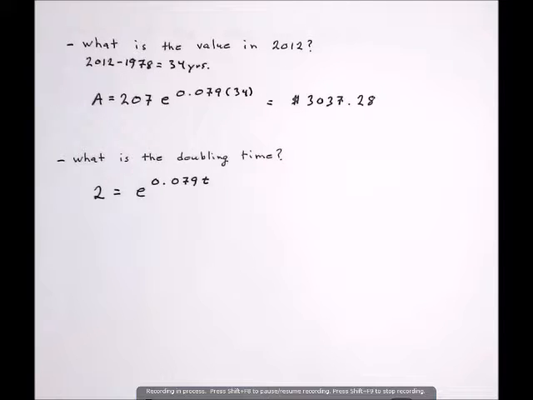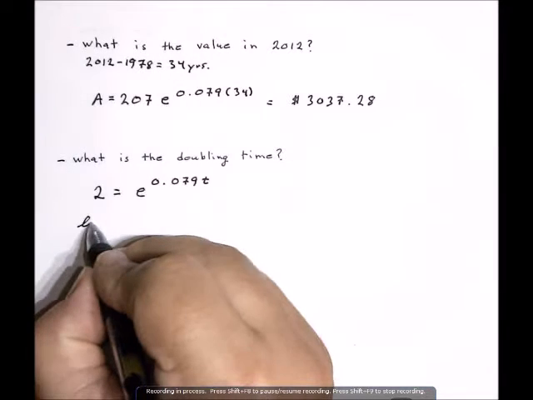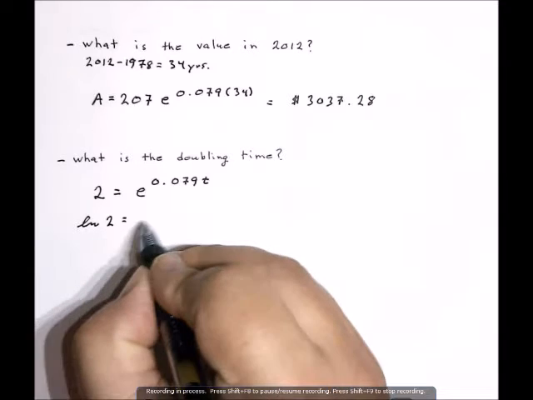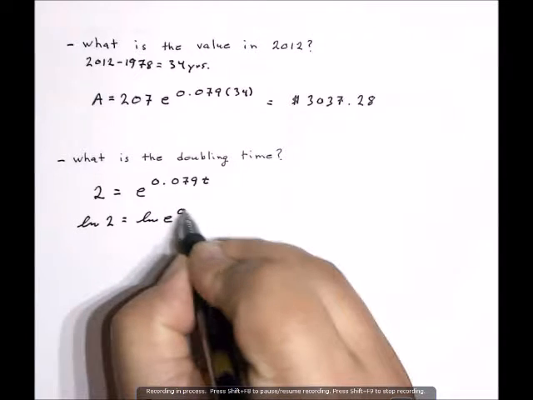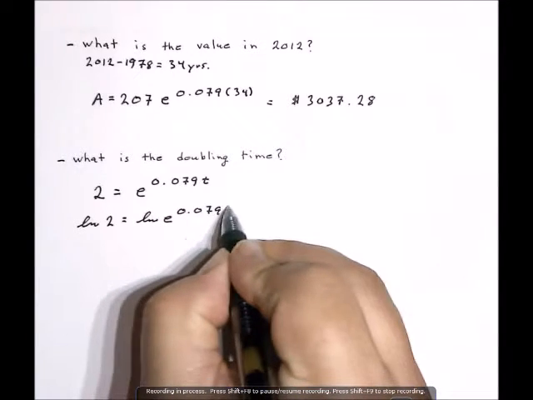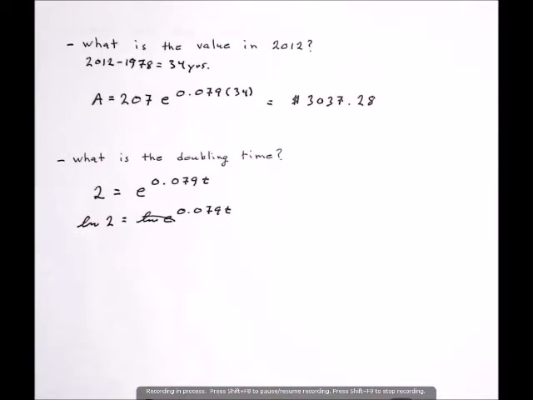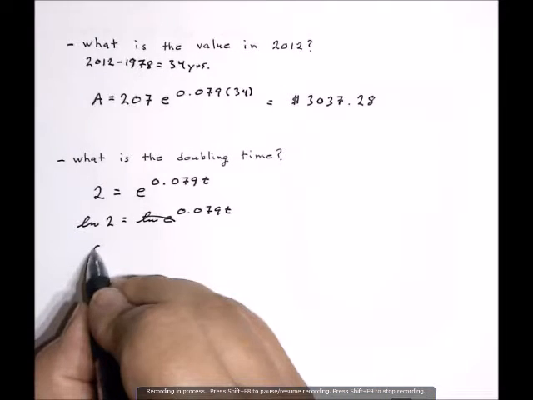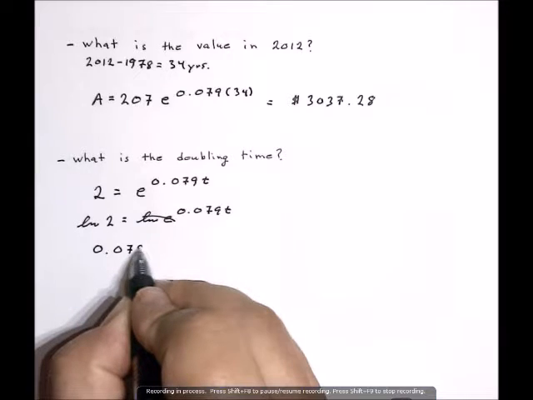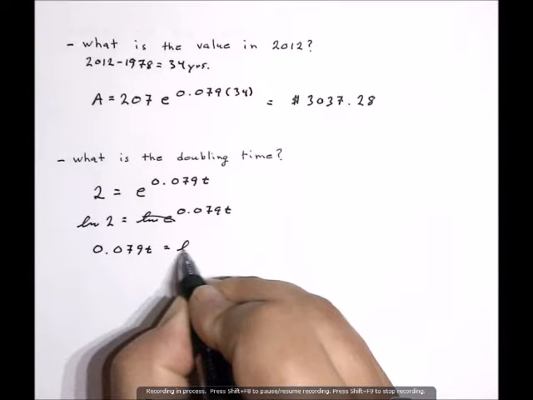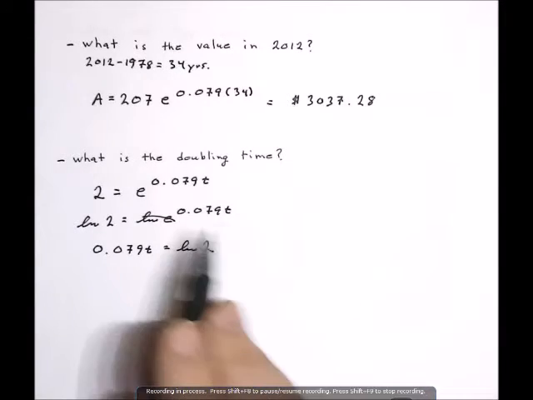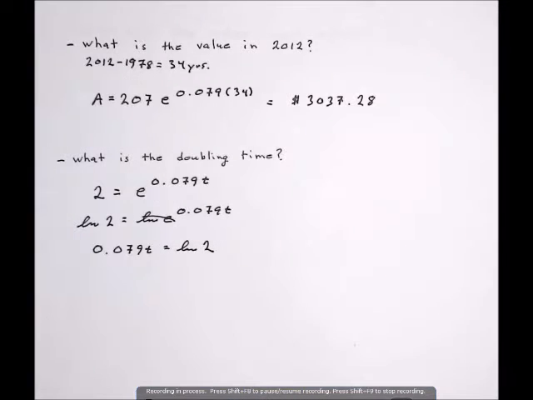So we take the natural log of both sides, the natural log and the e cancel each other out, and I just switched sides here simply because I like my variables over on the left.